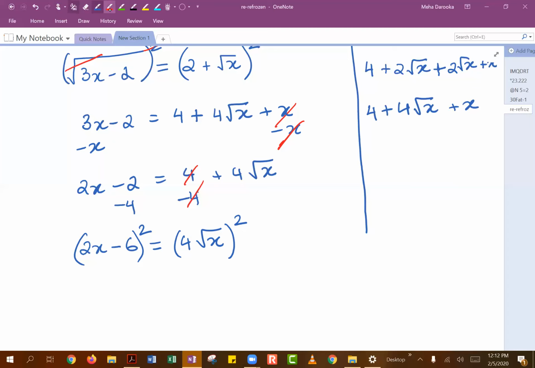Okay, so now be careful over here. This 2 applies to the 4 and the square root of x, right? So the 2 will cancel out with that x, but it still stays on that 4. So be careful when you're doing this right-hand side. So 4 squared will give you 16.